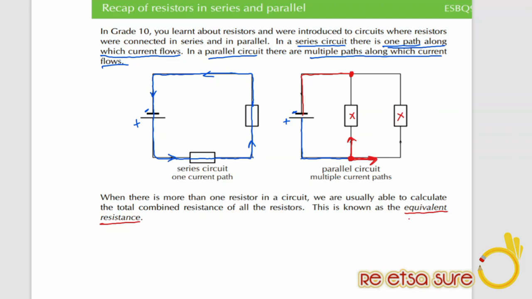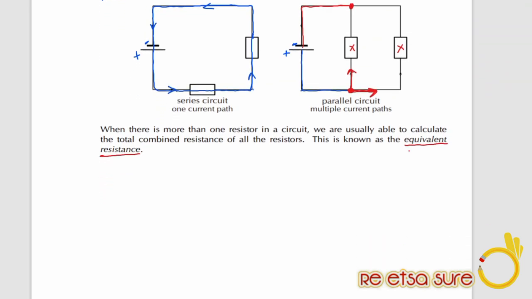They are saying determine the total resistance of the circuit. Let us assume the resistance of this resistor here is 2 ohms, this one is 4 ohms, for this one let me use 3 ohms, and this one is 6 ohms.